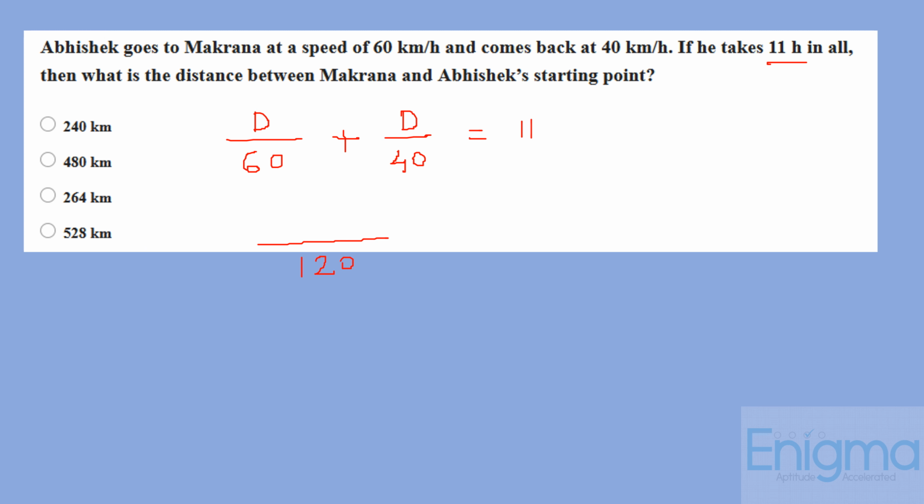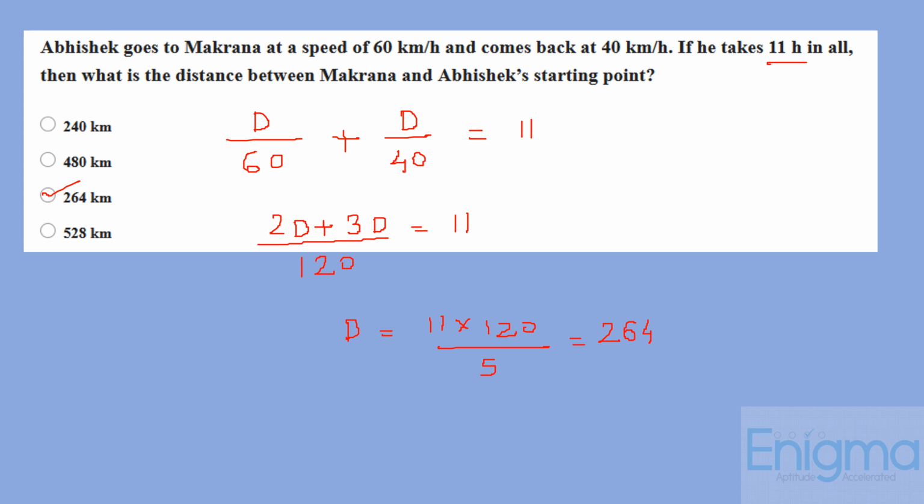So we have here 2d plus 3d, so 5d, is equal to 11 into 120. Okay, so we have here d is equal to 11 into 120 upon 5, which gives us the answer 264.